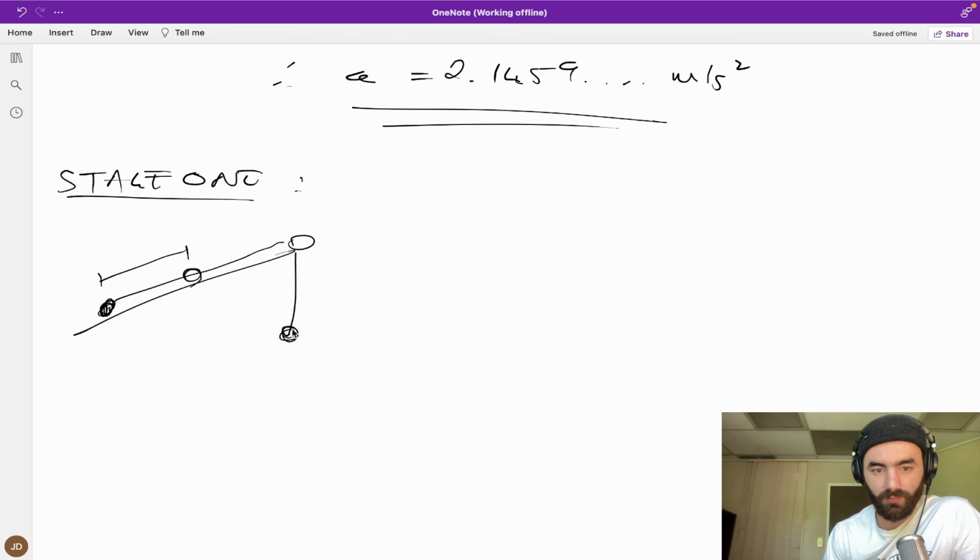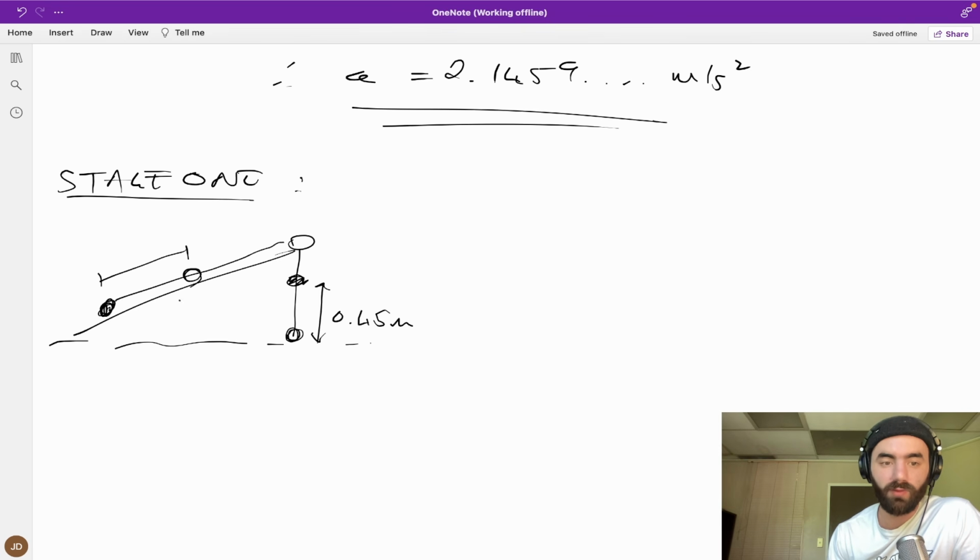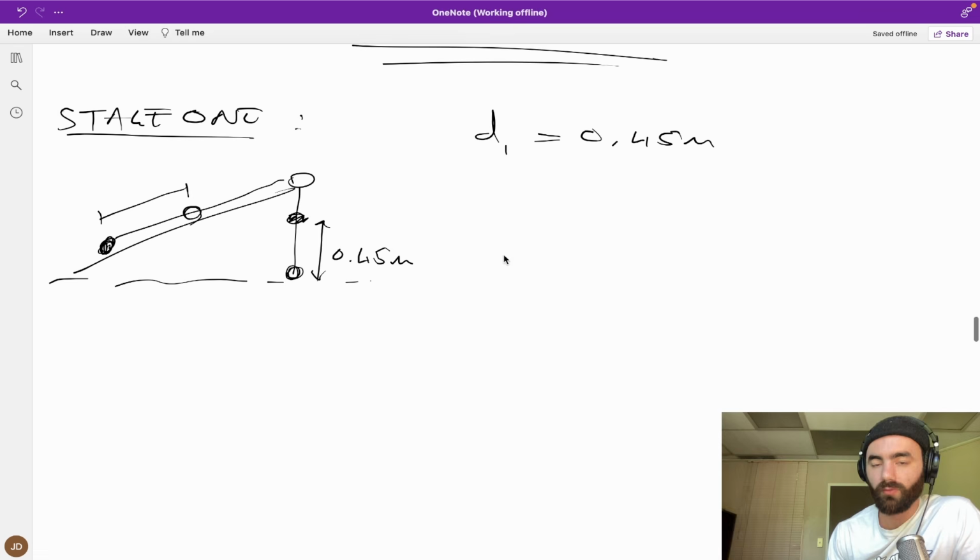This is when A has hit the ground, and this distance that it travels from its starting point to its ending point here is 0.45 meters, right? If A is pulled down 0.45 meters, then in stage 1 B has moved up 0.45 meters. So our first distance for stage 1 is 0.45 meters.